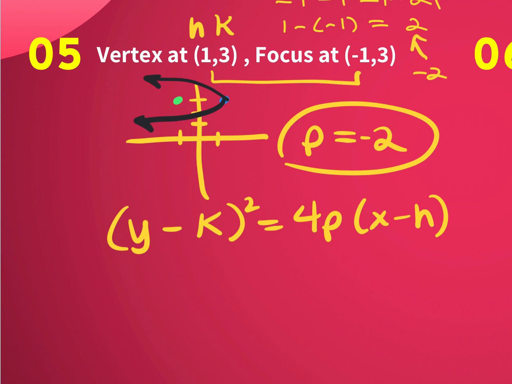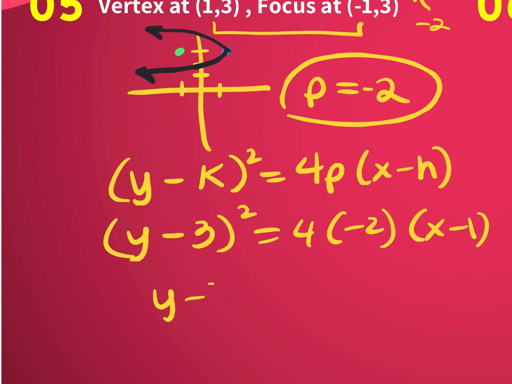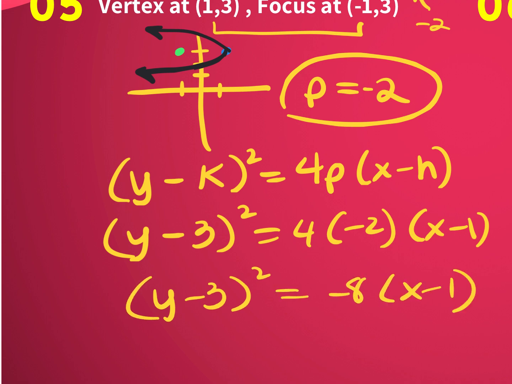So I'm going to plug in my vertex, which is the ordered pair 1, 3. So y minus 3 squared, 4 times -2, x minus 1. All I have to do is multiply the 4 and the -2, and then leave everything else alone.